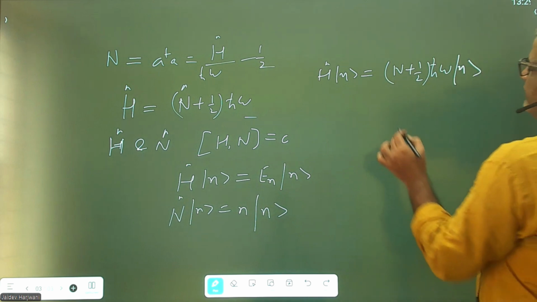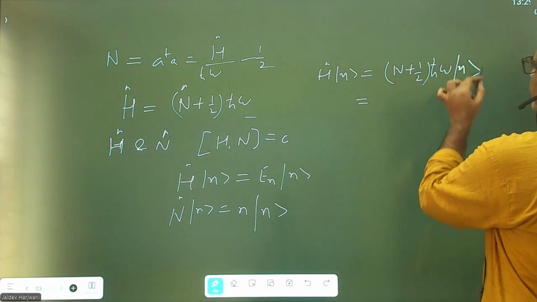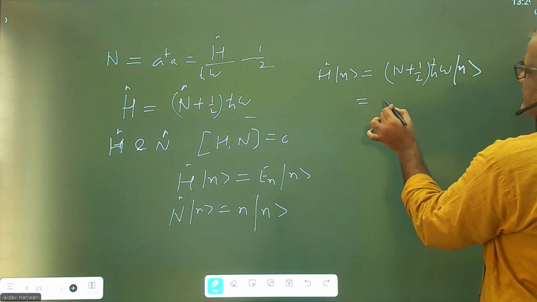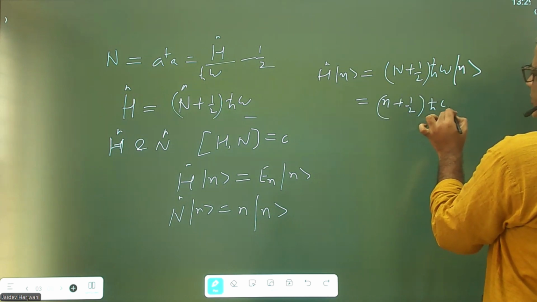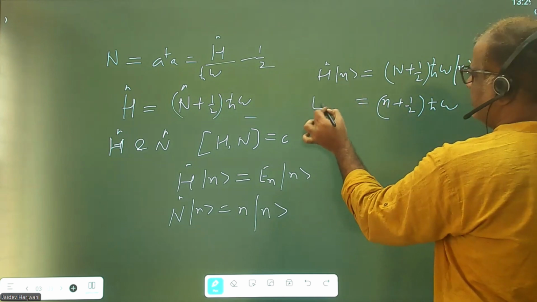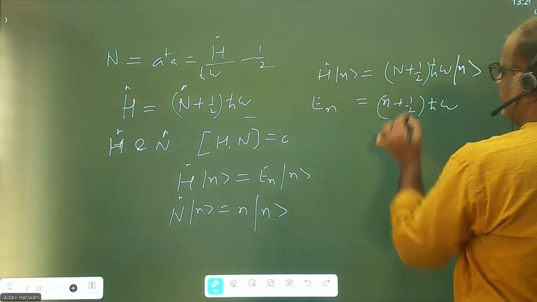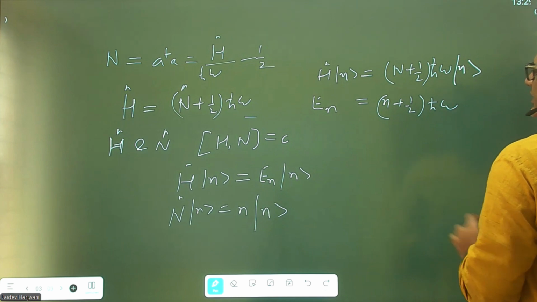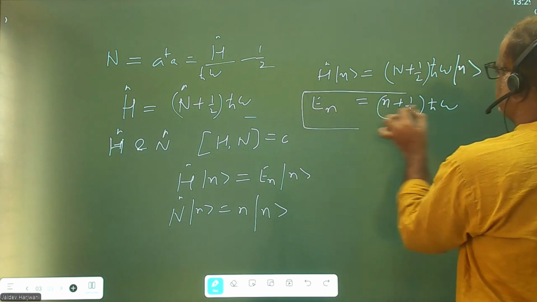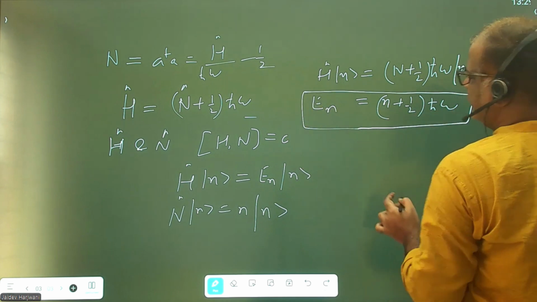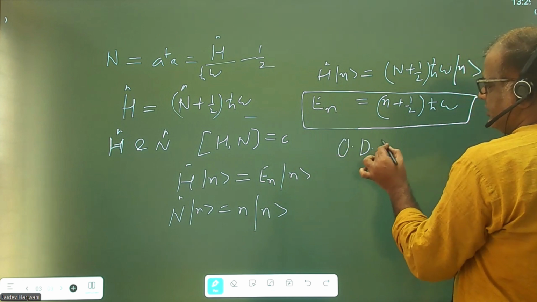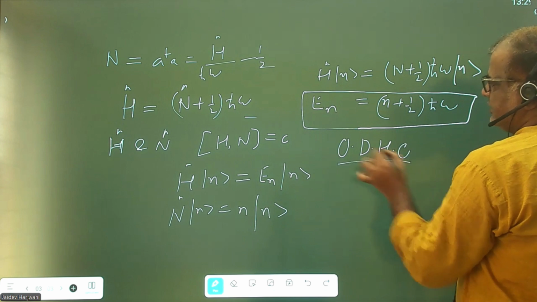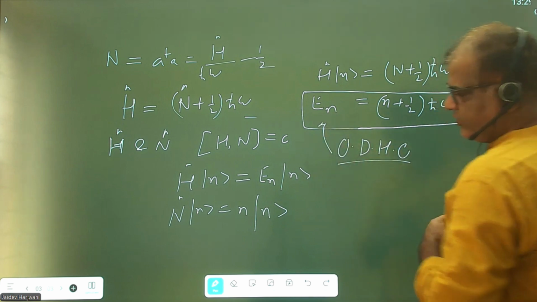This gives me n plus half h cut omega, and this is equal to En. This gives me the eigenvalues for the one-dimensional harmonic oscillator. This is the eigenvalue equation.